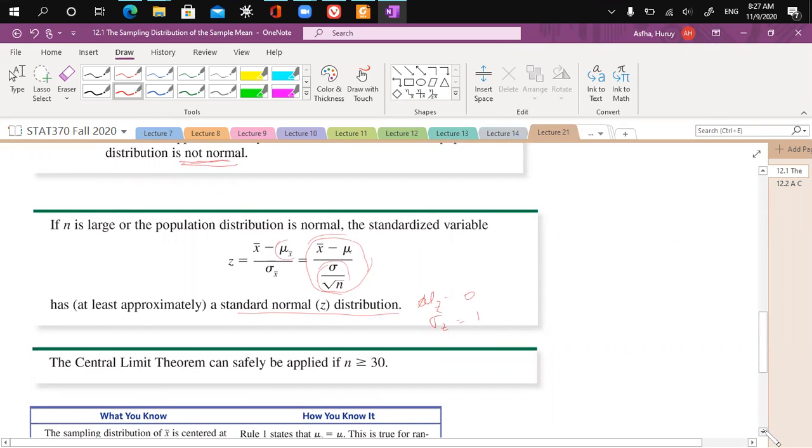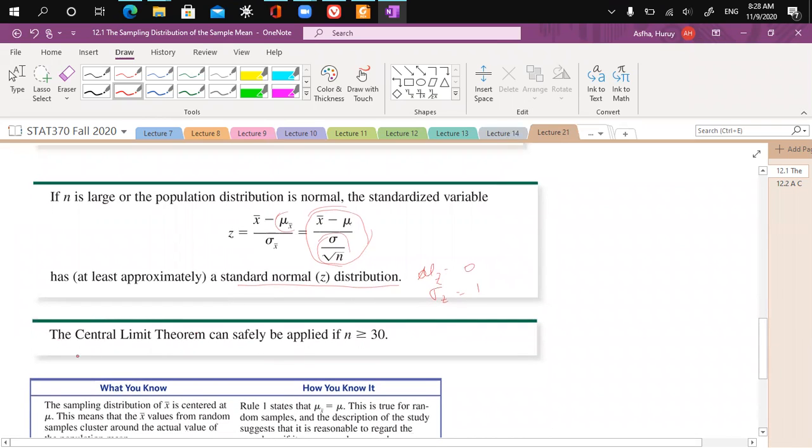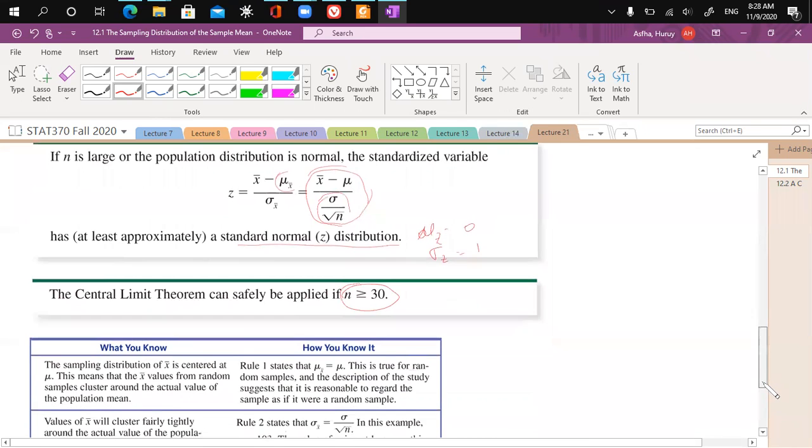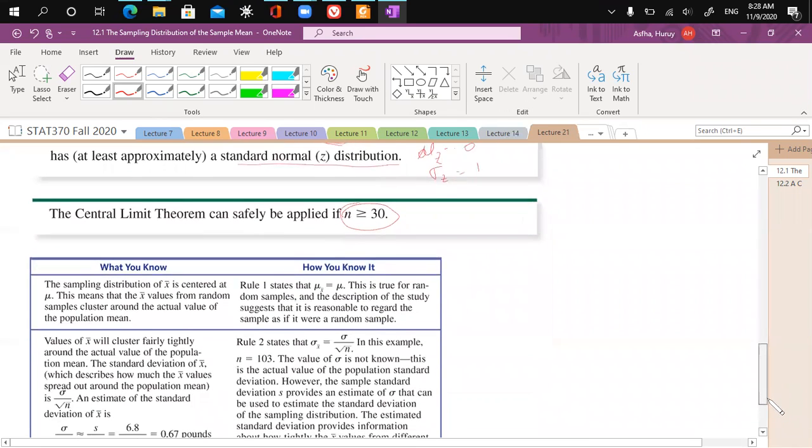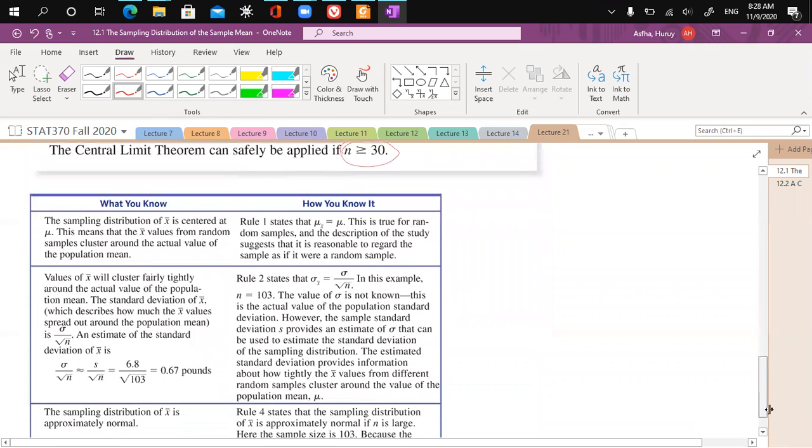It's not only sigma. And the central limit theorem can safely be applied if n is greater than 30. As I mentioned earlier, we want n to be large, which means it should be greater than 30. Well, this is just a summary.